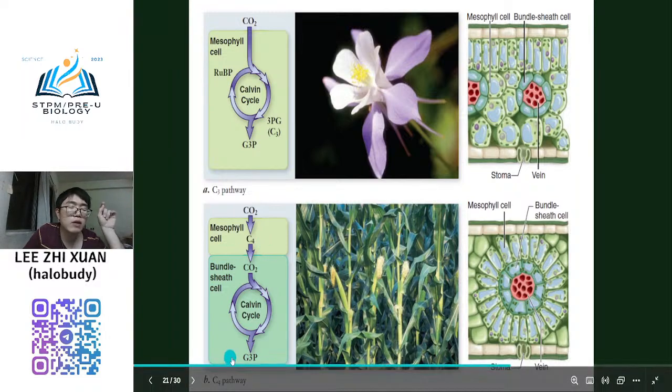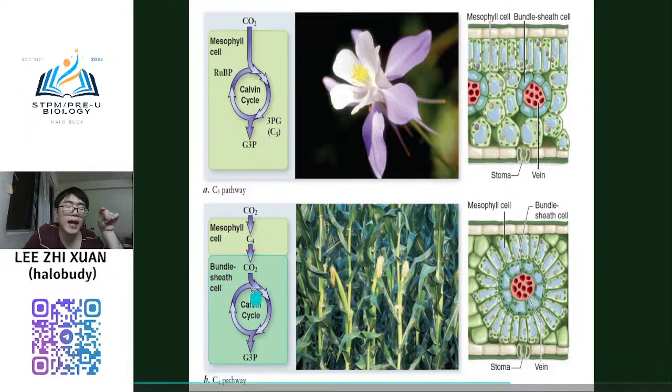That is why we call it C4 plant, because the first intermediate that enters the carbon cycle is a carbon 4 molecule. It contains 4 carbon. But for the C3 plant, the molecule that enters the carbon cycle contains 3 carbon. This is why we call it C3.